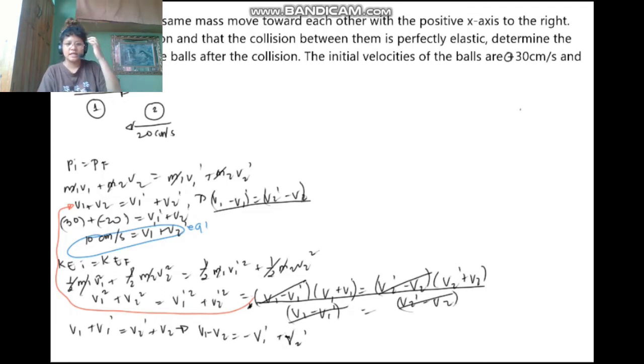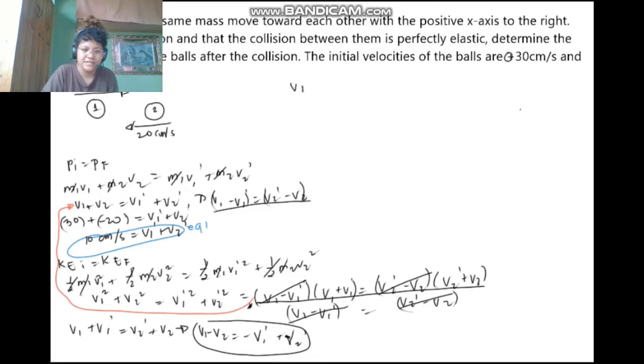Once we have those, we're going to rewrite it right here. We have v sub 1 minus v sub 2 is equal to negative v sub 1 prime minus v sub 2 prime. We just factor out the negative. And with this, we can now plug in the initial velocities, which is 30 centimeters per second minus negative 20 centimeters per second, which gives 50 is equal to negative v sub 1 prime minus v sub 2 prime.